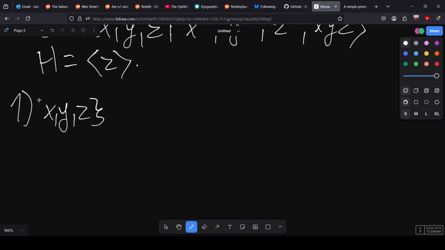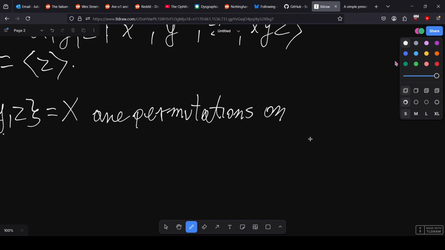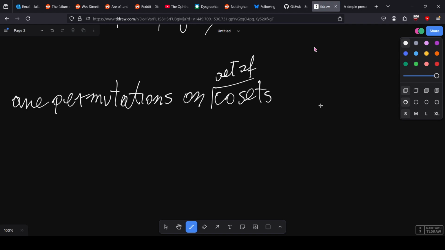In our case, X, Y, Z, being the generators of our original group, are permutations on the set of cosets. That's important. I will be denoting this G quotient H, despite the fact that this does not give a quotient group.